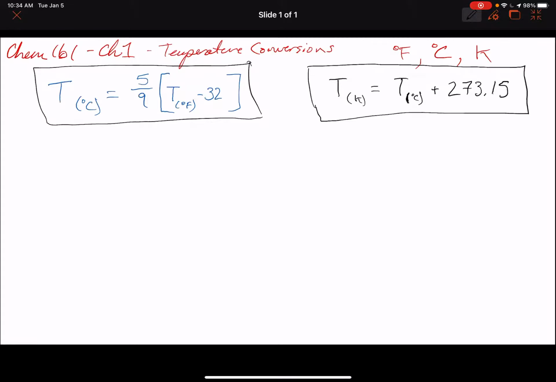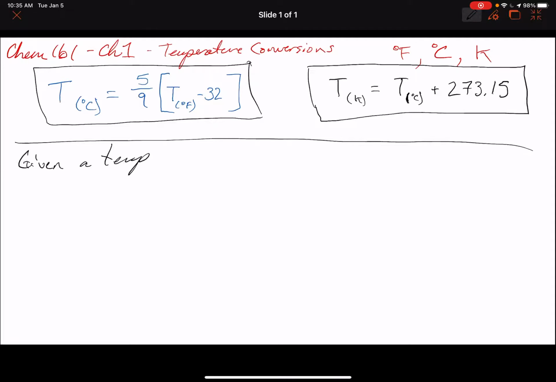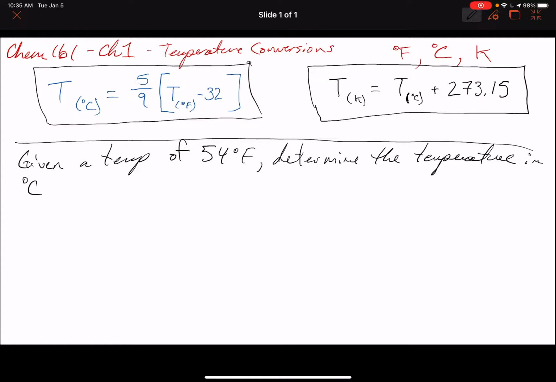Okay, so let's look at an example now. An example might be, given a temperature of 54 degrees F, determine the temperature in degrees C and degrees K, apologies, in Kelvin.